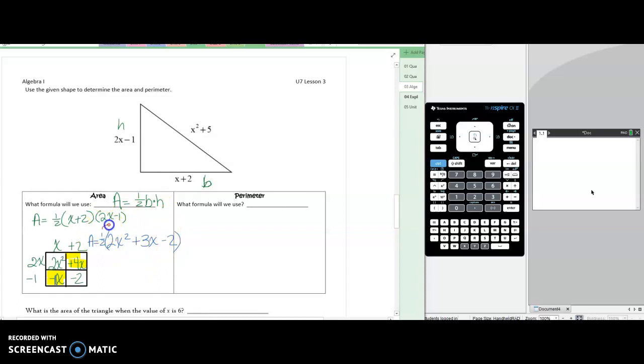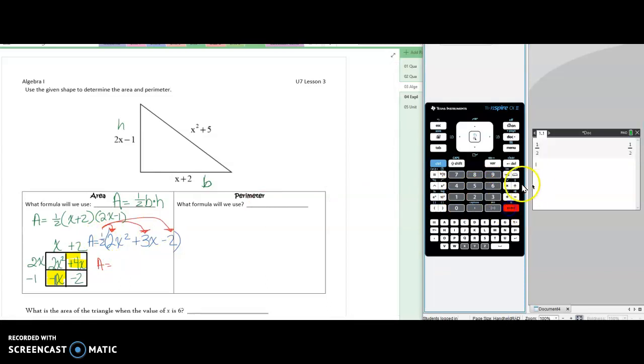So we multiply this 1/2, we have to distribute it, or multiply it by everything that's inside these parentheses. So I multiply it times that 2, I multiply it times this 3, I multiply it times this negative 2. You can use the box method: you're going to have one box times 3 boxes. So I have 1/2 times 2, which is 1.